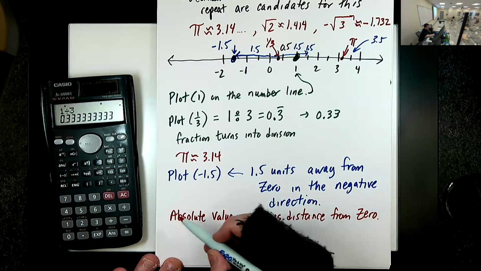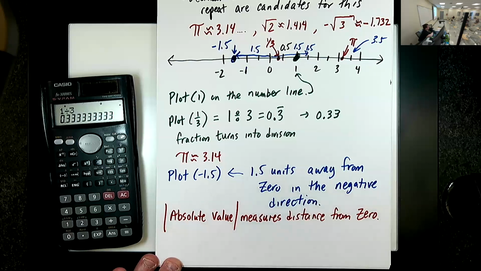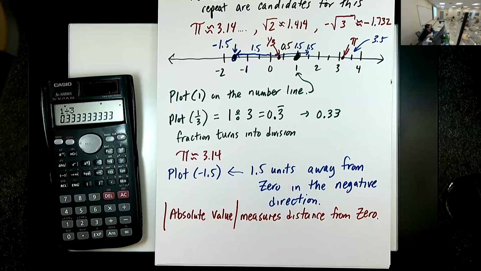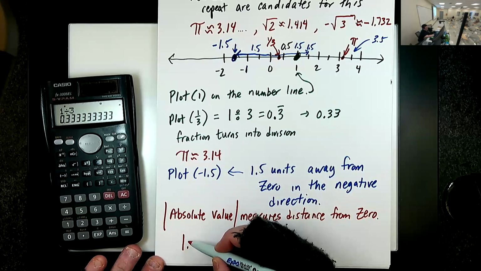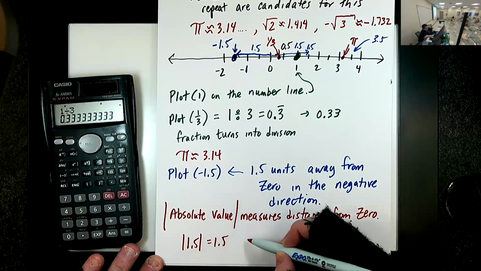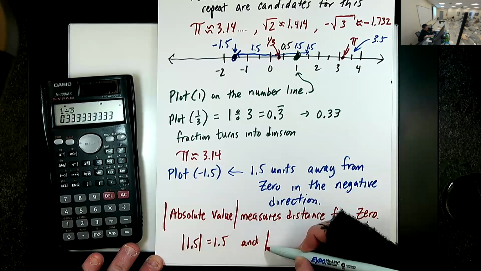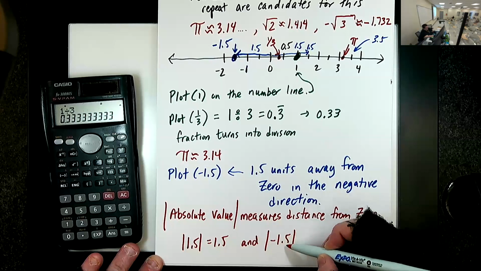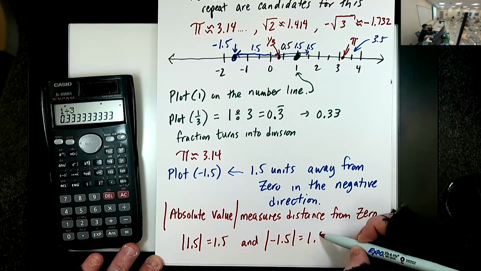We use vertical bars to represent absolute value. So the distance of 1.5 from 0 is 1.5, and the distance of negative 1.5 from 0 is also 1.5.